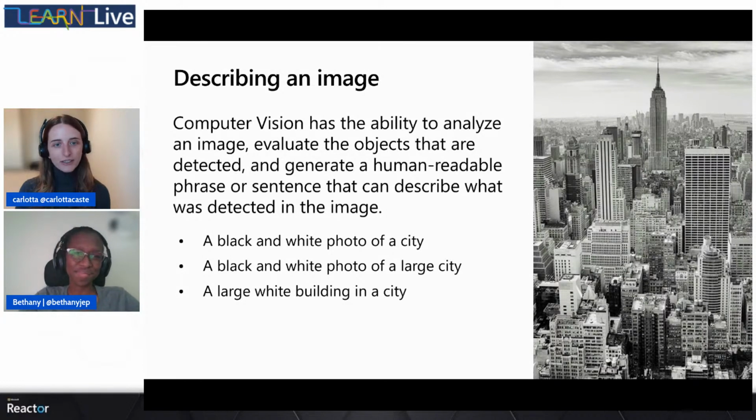Bethany, I love this feature and think how useful and powerful it could be, for example, if integrated in a solution designed for the blind and low vision community, which opens up the visual world and describes nearby people and scenes. Yeah, actually, if you were there in our last session, we talked about Seeing AI.